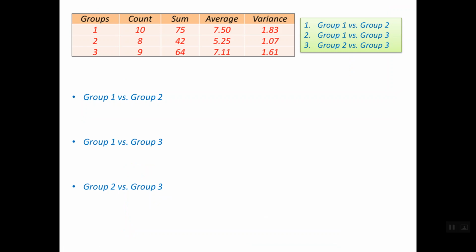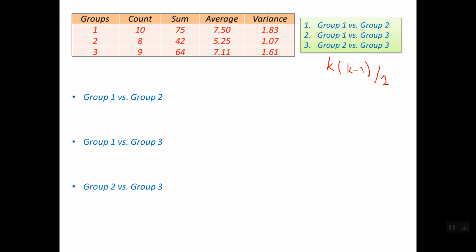Let's return back to our question. As we have three groups, we have three pairs of group means, and simply we can calculate it by the formula k times k minus 1 divided by 2.